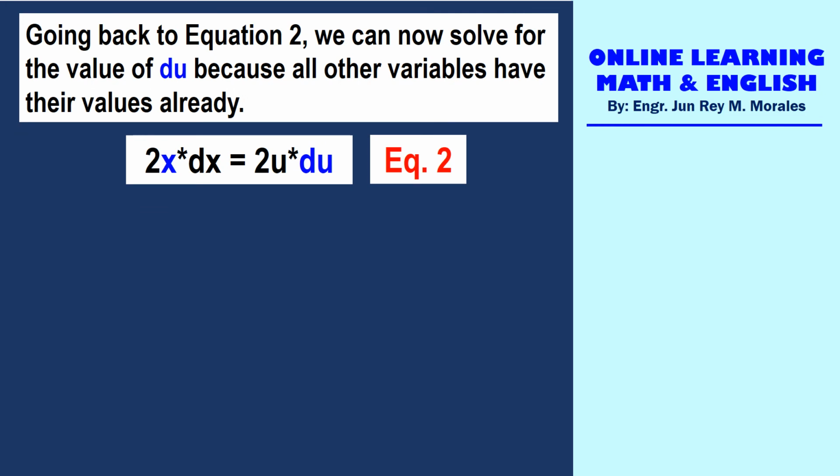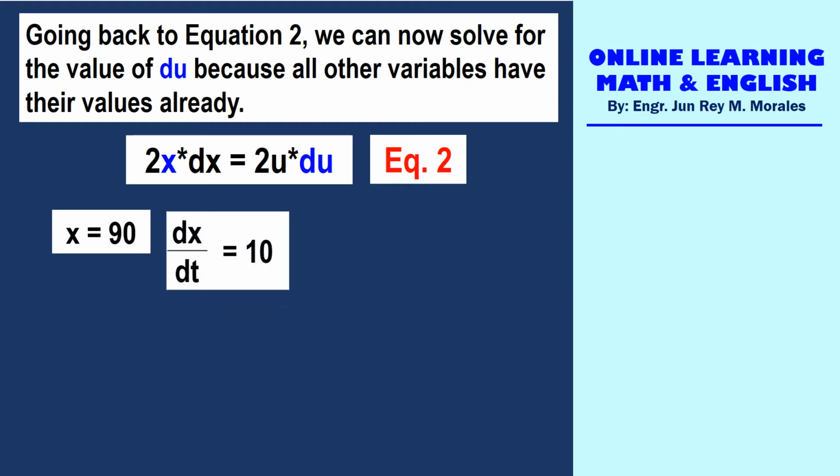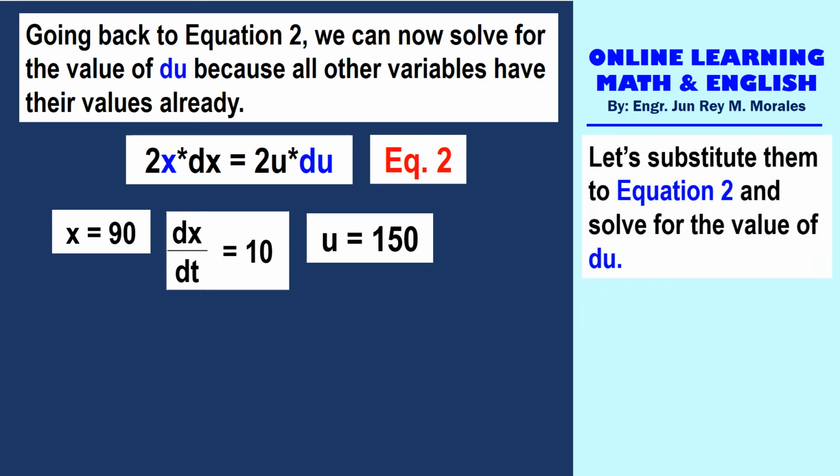Going back to equation 2, we can now solve for the value of du because all other variables have their values already. Let's substitute them to equation 2 and solve for the value of du.